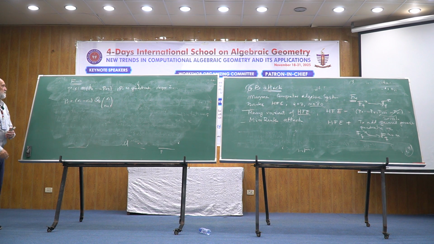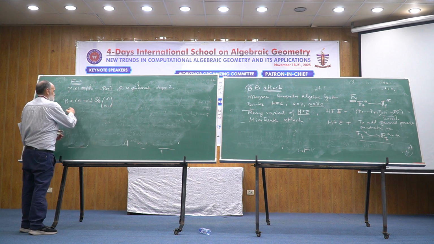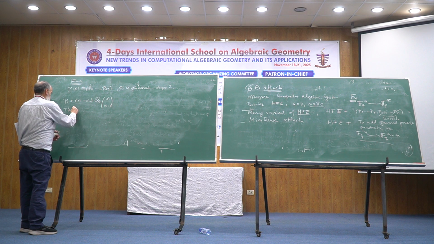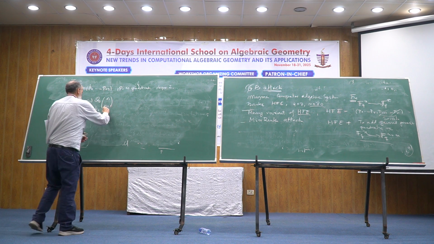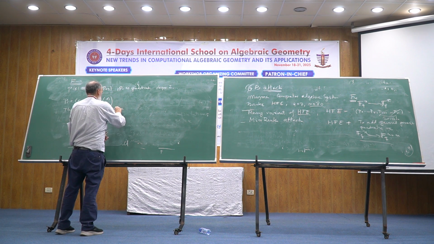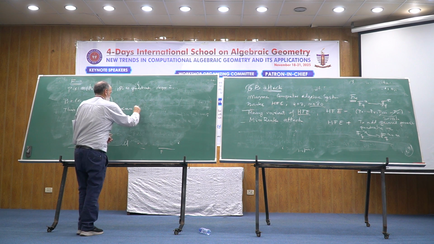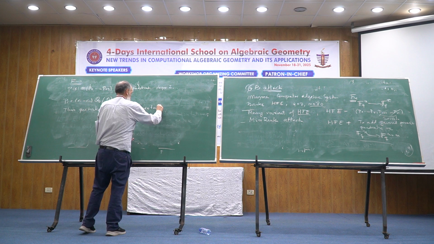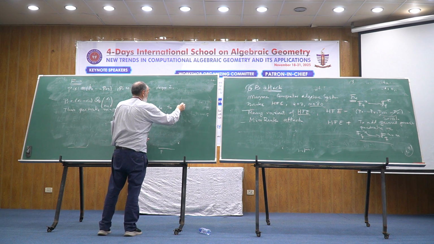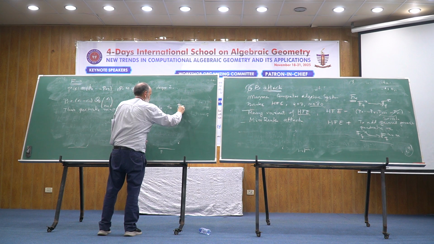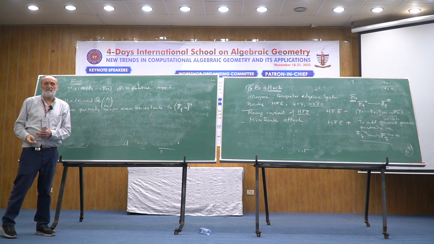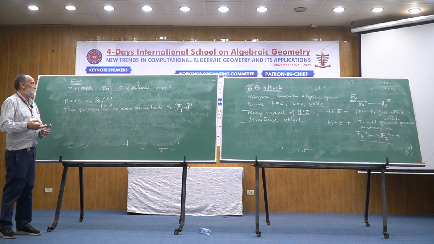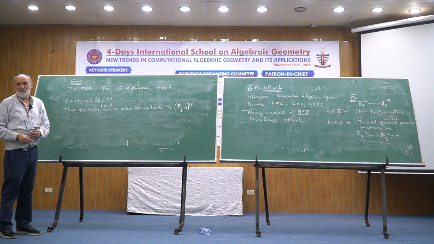These quadratic forms, I will not give the details, but this quadratic map can be extended to FQ to the N. You know, sometimes when you have a problem, you make it even more difficult.